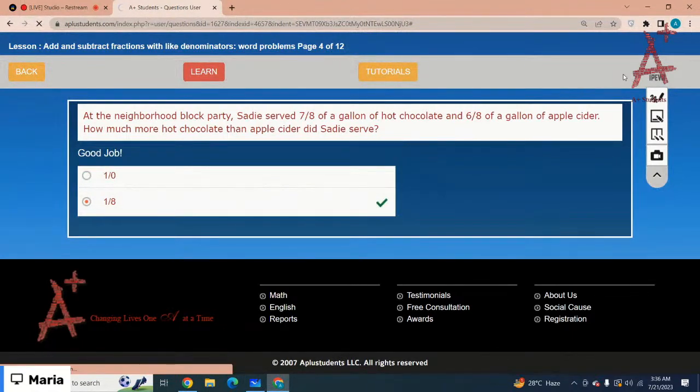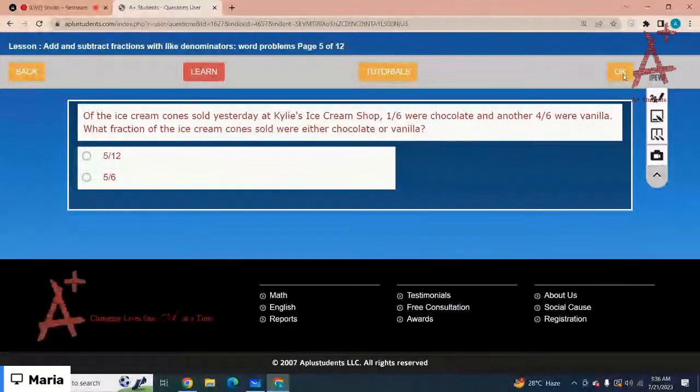Okay, the next one is, of the ice cream cones sold yesterday at Callie's ice cream shop, 1/6 were chocolate and another 4/6 were vanilla. What fraction of the ice cream cones sold were either chocolate or vanilla?